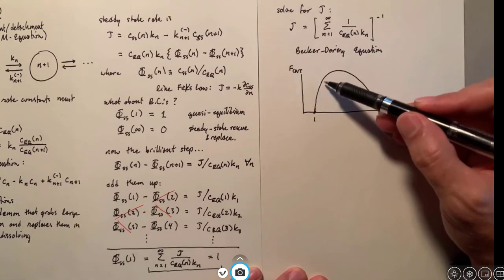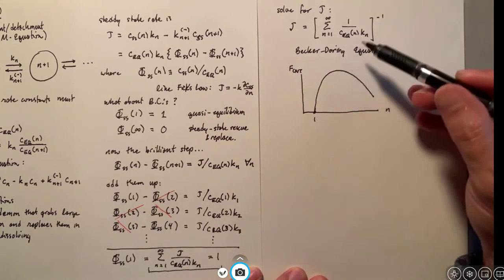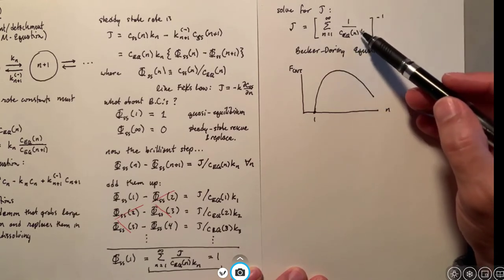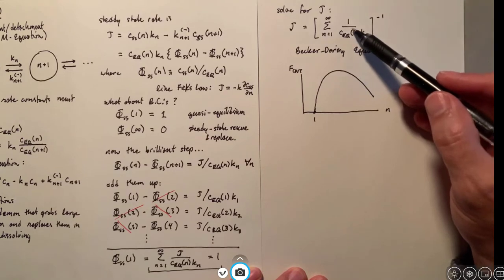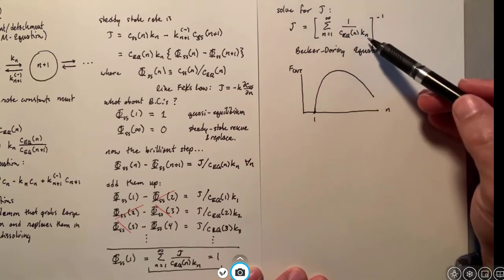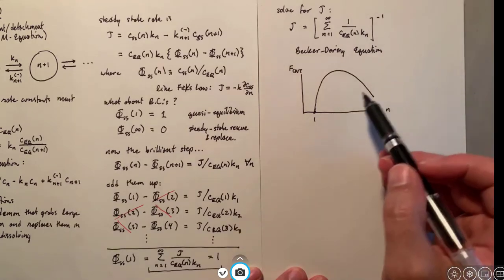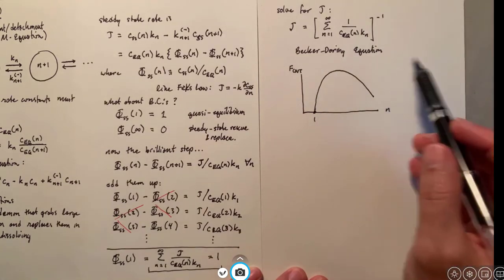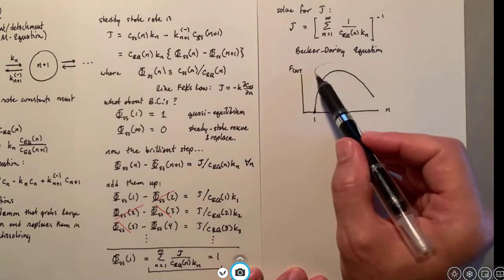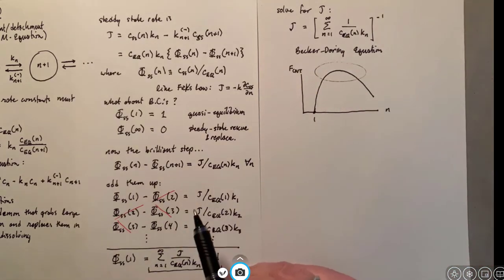So when the free energy is very high, the equilibrium concentration becomes very small. And you have this very small term in the denominator that makes the 1 over that term very large. And so what you learn from the Becker-Doring analysis is that the entire rate is dominated by fluxes up here in the neighborhood of the top of this barrier.